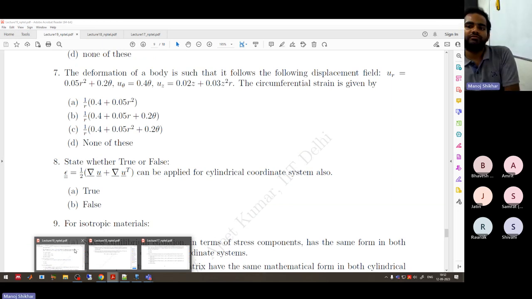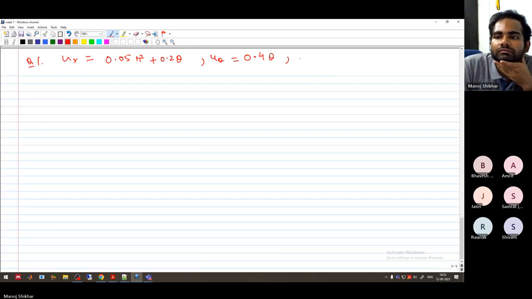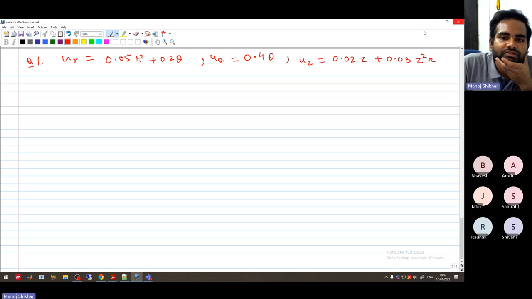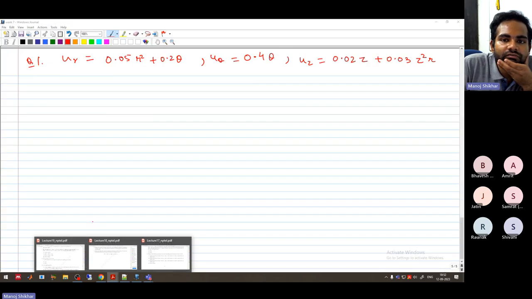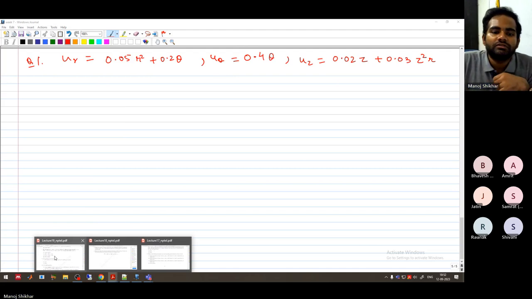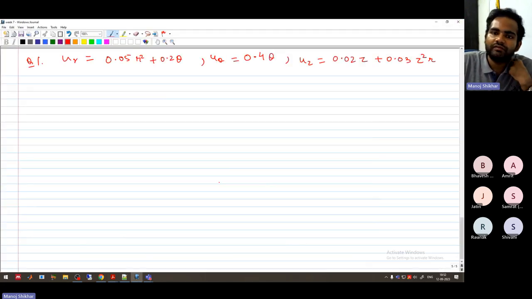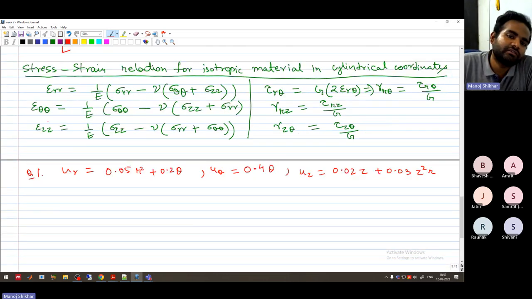And uz is 0.02 z into 0.03 z square r. Let me just check if I have written the correct form: 0.05 r square, 0.2 theta, 0.4 theta, and 0.02 z into 0.03 z square. They have asked about circumferential strain, which is epsilon theta theta. They want you to find epsilon theta theta.